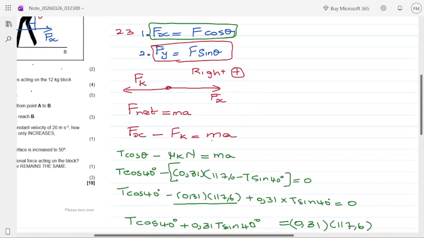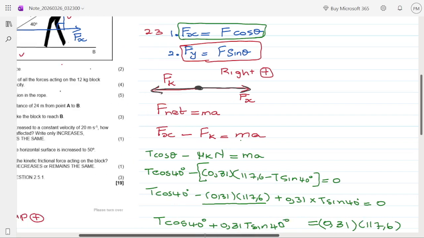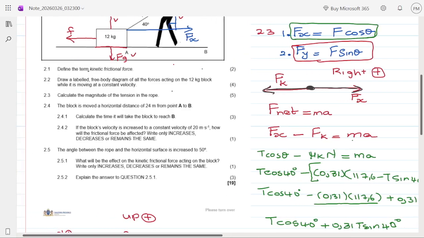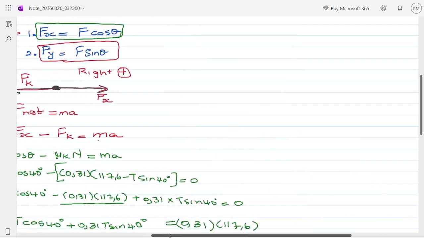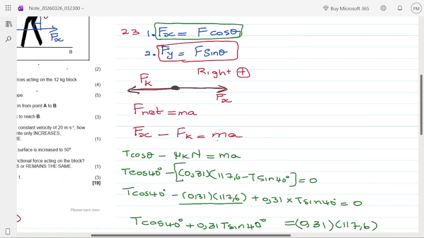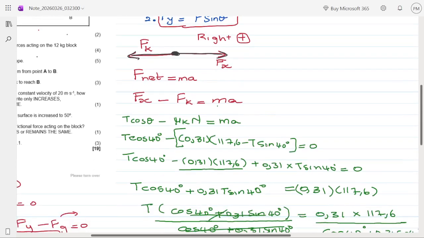First thing first, indicate the horizontal forces that are acting on the object. Once you have the horizontal forces, most of the time, if they just want to look at the marks, this is just 5 marks. After indicating the horizontal forces, we choose direction, then we take it from there.